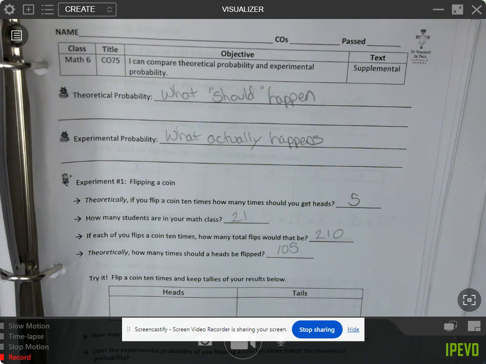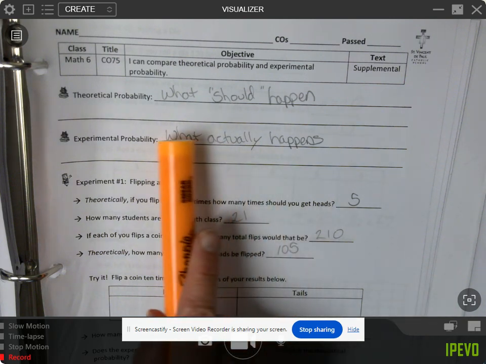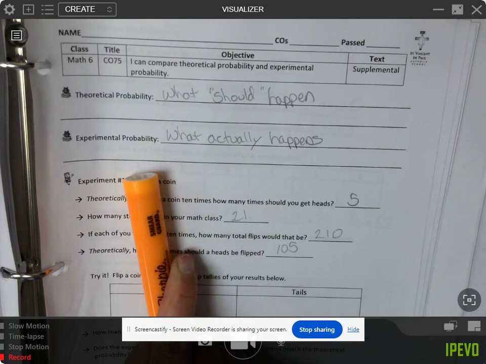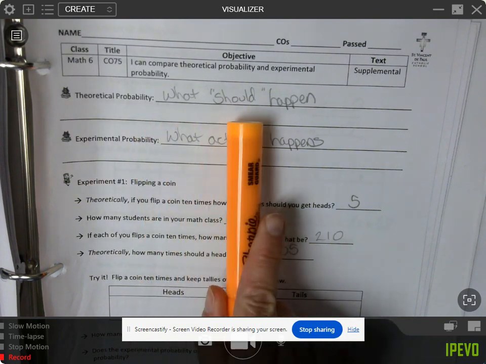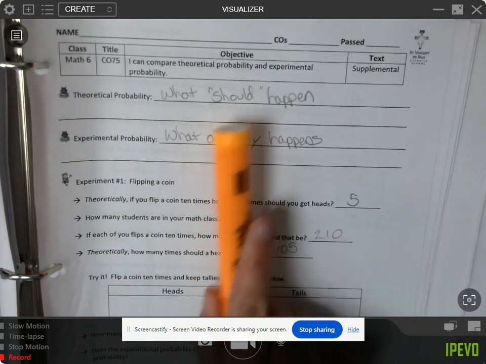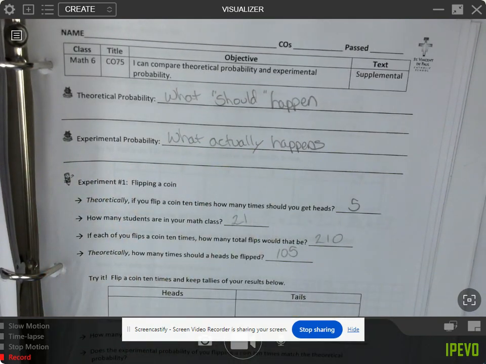All right, so for CO 75, definitely write down the 2 definitions. Theoretical probability is what should happen. Experimental probability is what actually happens. Rolling that dice, I should roll a 5. If I roll 6 times, I should roll that 5 1 out of 6 times.